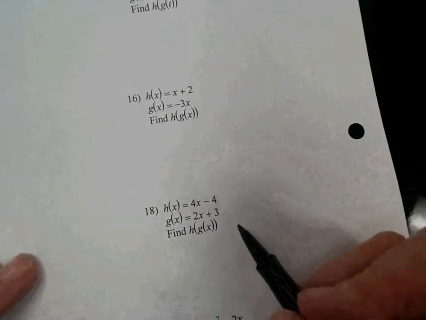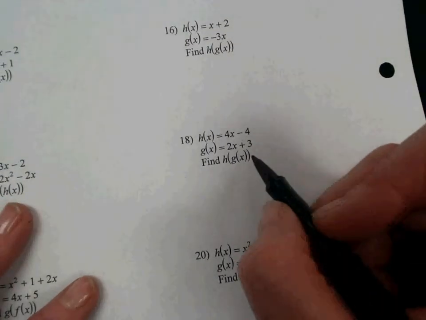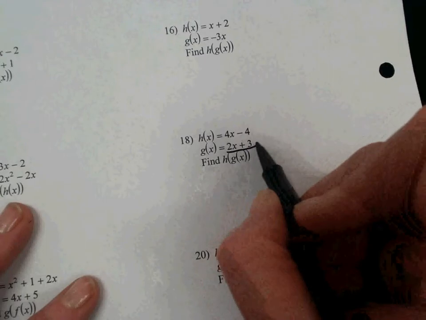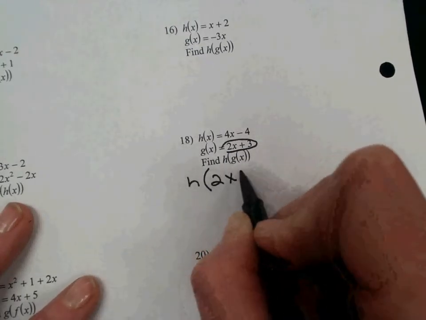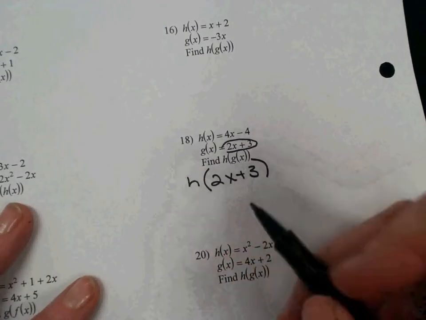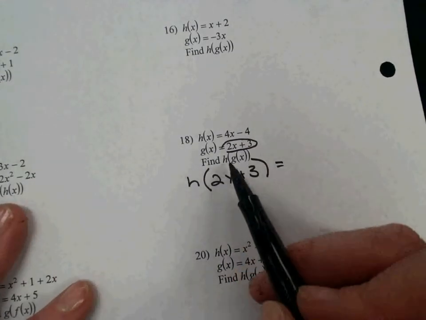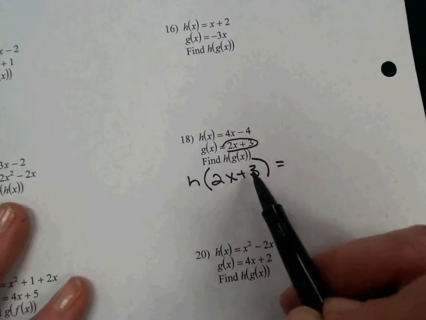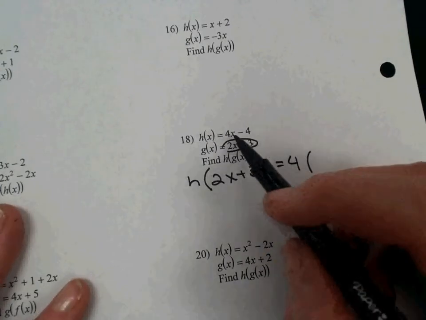Number 18, last one we're doing together. So number 18, here we have h of g of x. Taking my g function, plugging it into my h function. This is a key step. Don't skip this step where we rewrite this as h of the equivalent expression. That's going to help us out a ton, because then when we go to rewrite it, we ask, what goes in for x?